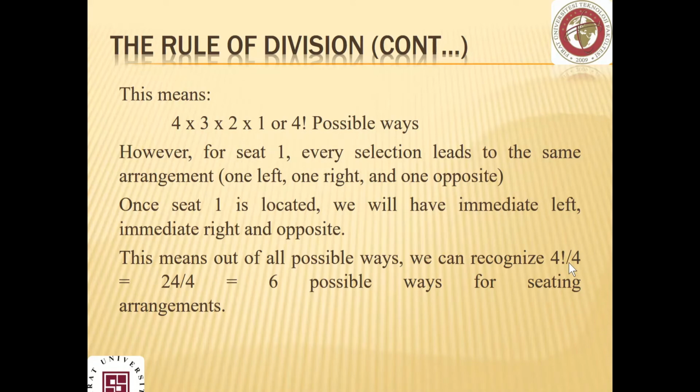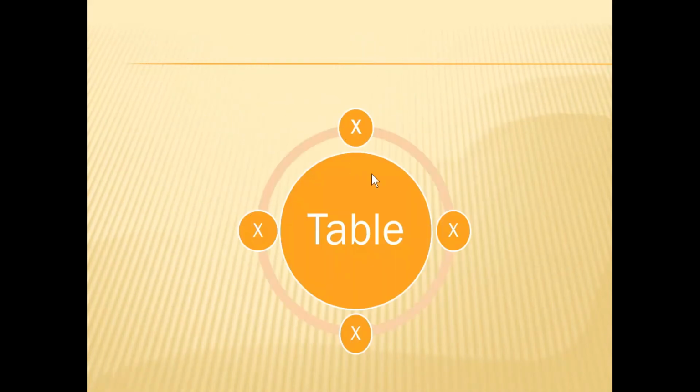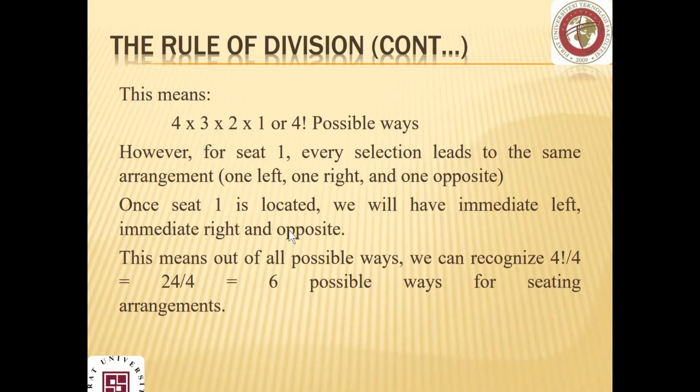The first seat can be anywhere of these 4, so we exclude them, we divide them. Okay, that makes it only 6 possible ways. In this case, 3 times 2 times 1, that is the factorial of 3, or the factorial of, open parentheses, 4 minus 1. Okay, 4 minus 1 factorial.